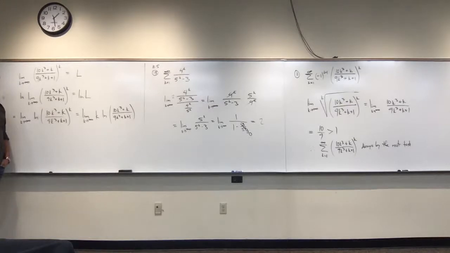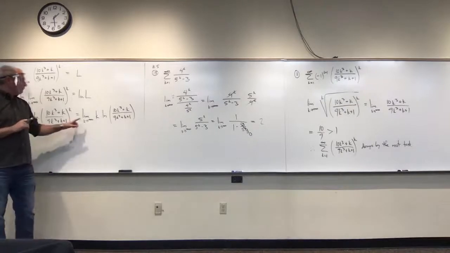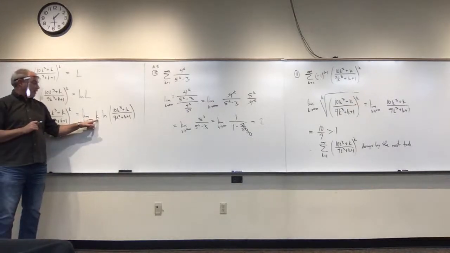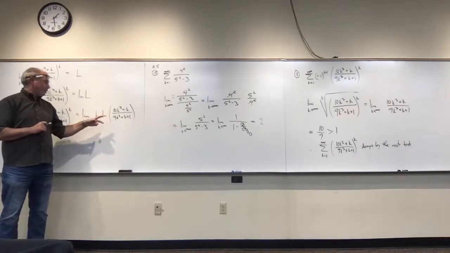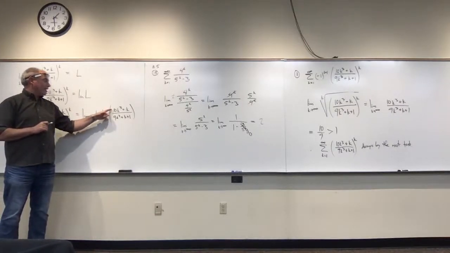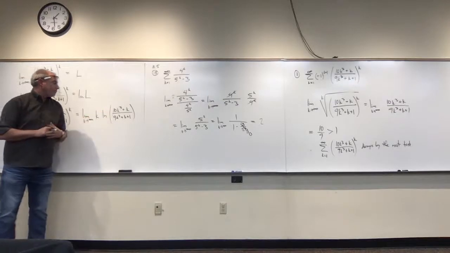Okay, is this any better? Well, what's the form that I have right now? If I plug in infinity, I get infinity here. What if I plug in infinity over here? So I kind of get what?